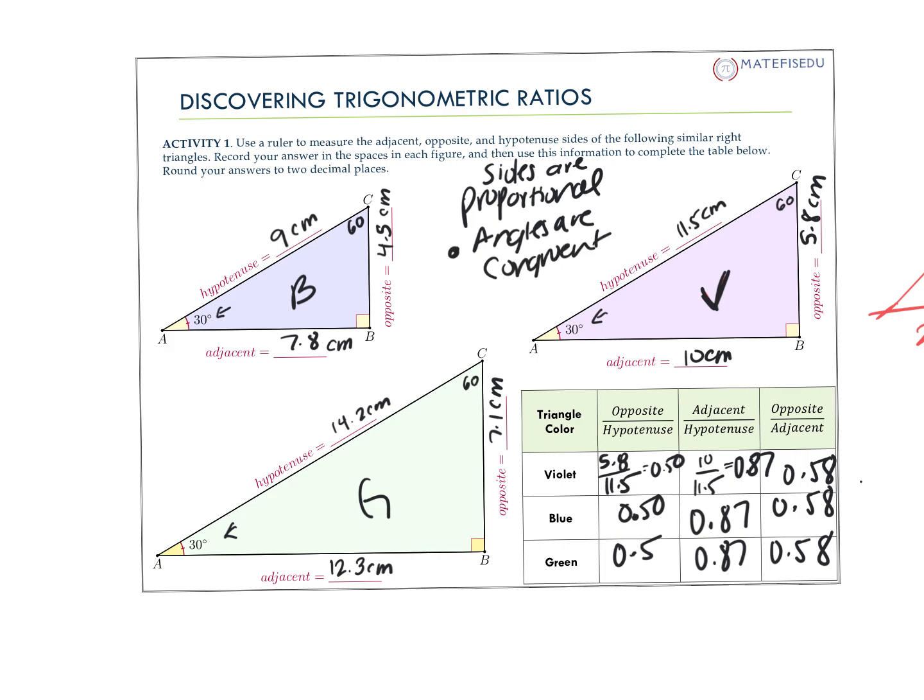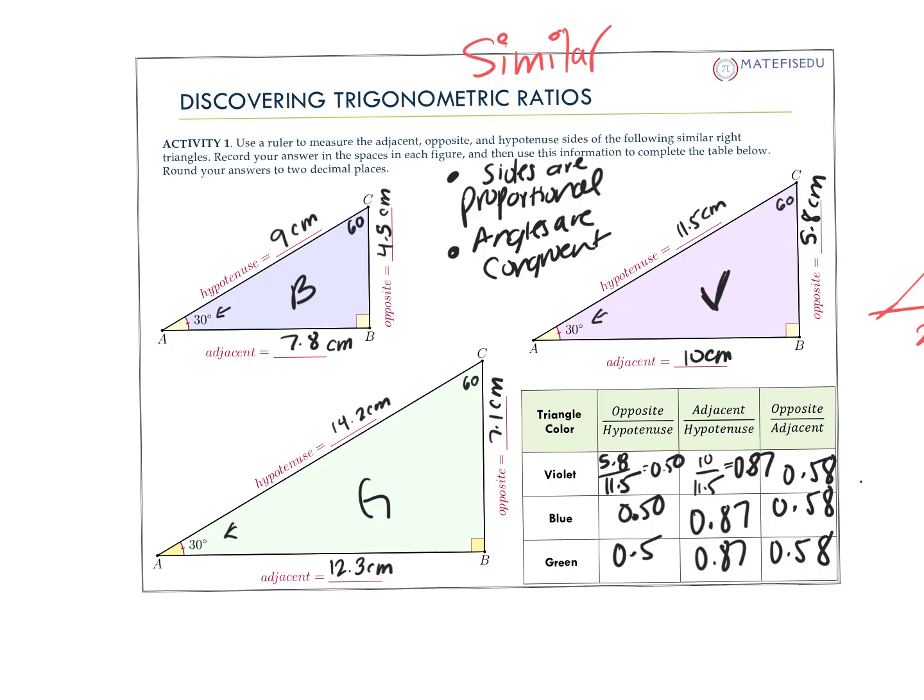Because the angles are congruent and the sides are proportional, that means that these three triangles are similar. In fact, all right triangles that have the same angles are similar. Because the triangles share this property and are all similar, these ratios can be used to find missing side lengths.